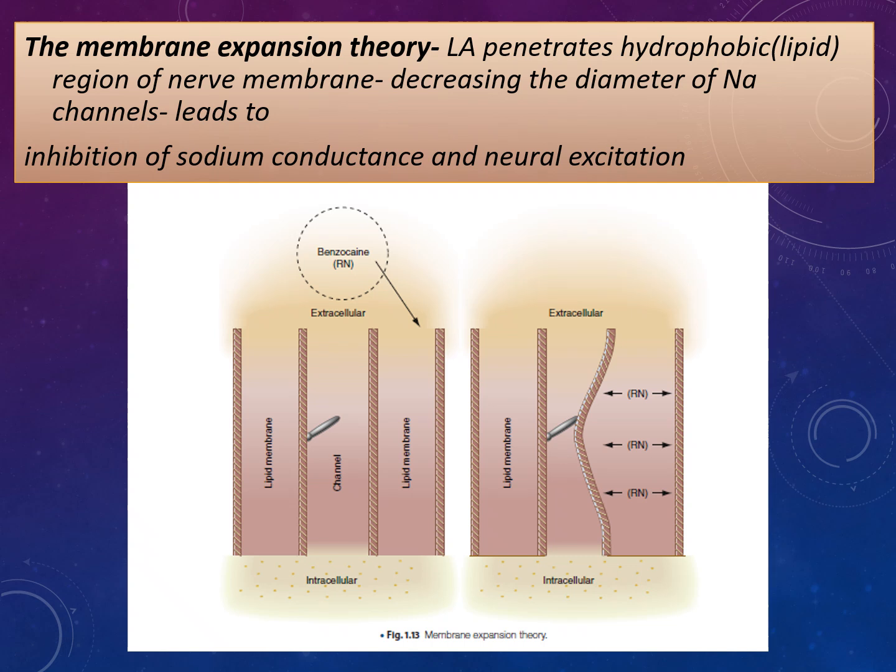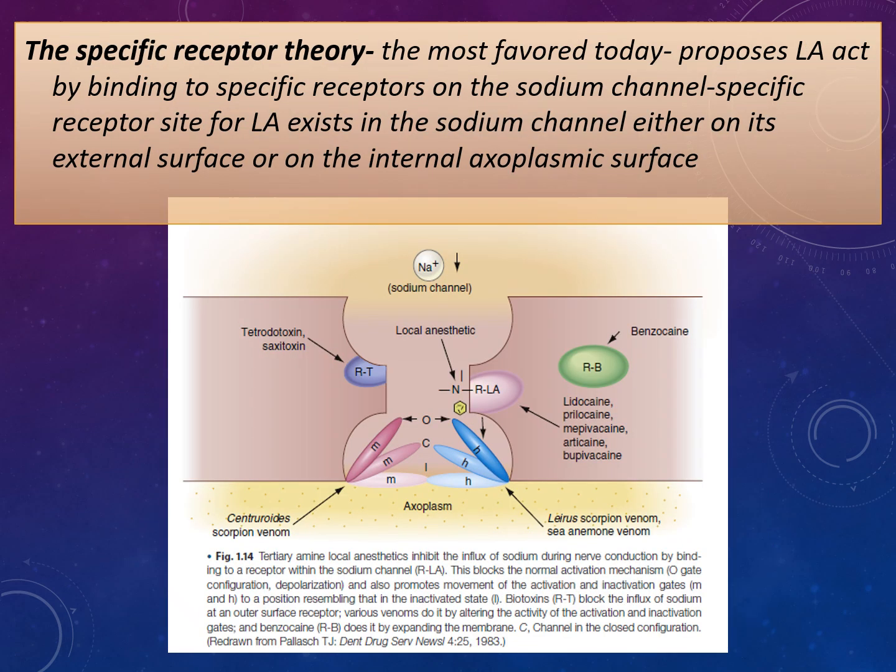Now, the last and the most acceptable theory is the specific receptor theory. It's the most favored one, and it proposes that LA act by binding to specific receptors on the sodium channel. Specific receptor sites for LA exist in the sodium channels either on its external surface or on the internal axonic surface.